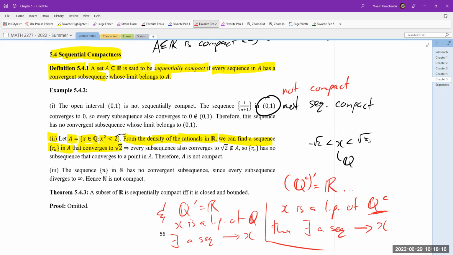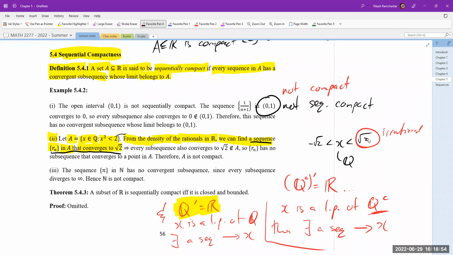They're saying the fact that square root 2, which is an irrational number, is a real number, and every real number is a limit point of the rational numbers, there exists a sequence of rational numbers that converges to it.